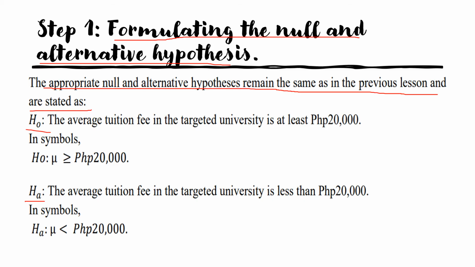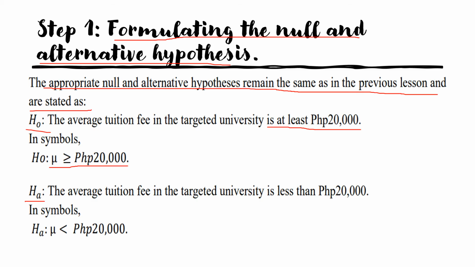So your null hypothesis still is at least 20,000 pesos. That's why H0 is mu is greater than or equal to 20,000 pesos, because the smallest amount that we can map on this average tuition fee is 20,000 pesos. It can be equal to 20,000 pesos or greater than 20,000 pesos.